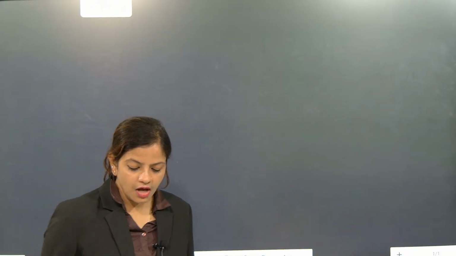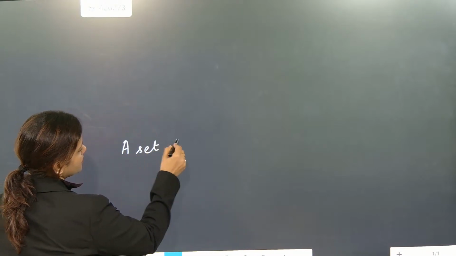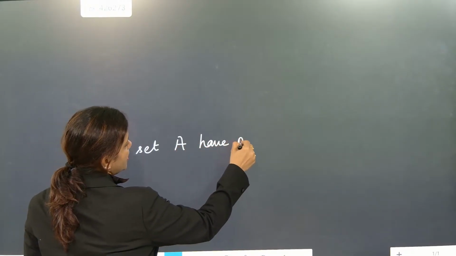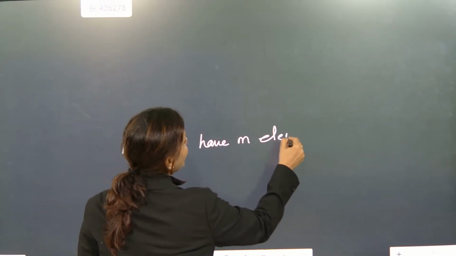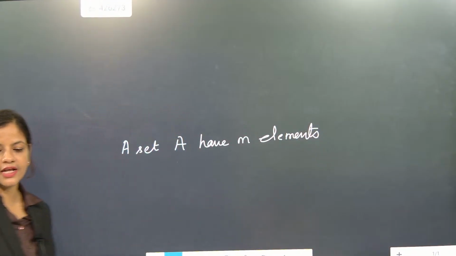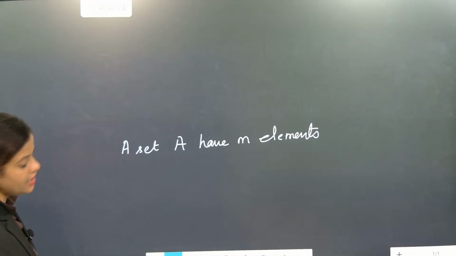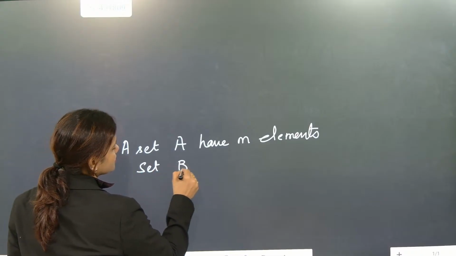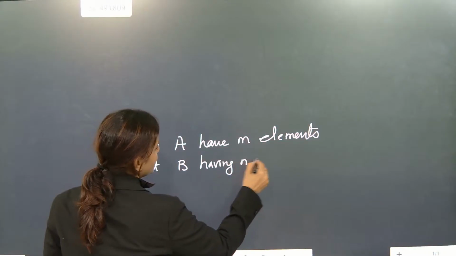Now understand one thing. If somebody asks you about function and relation: a set A has M elements, and set B has N elements.